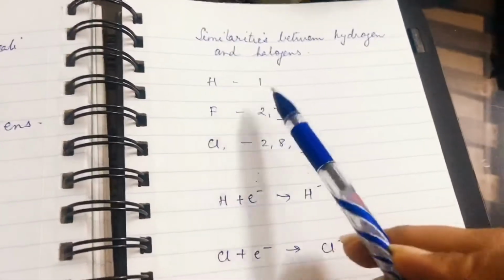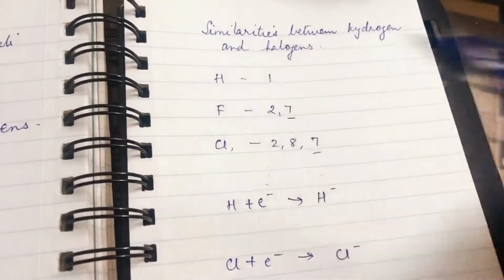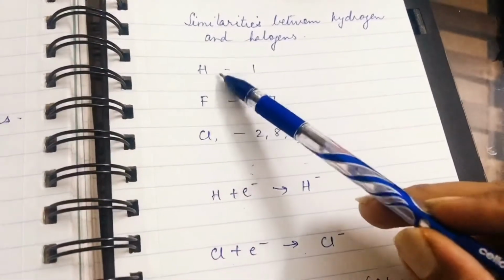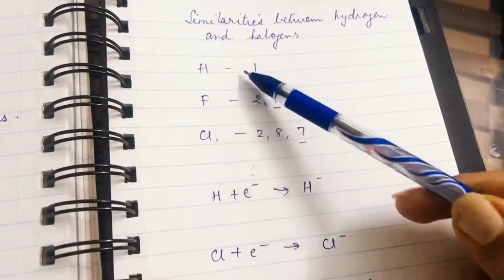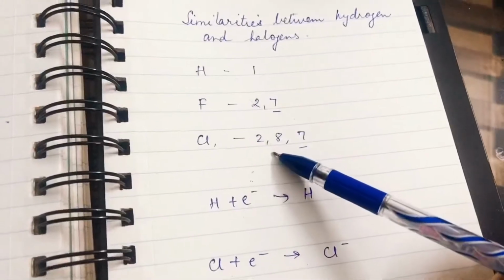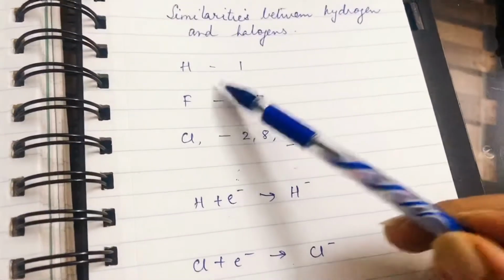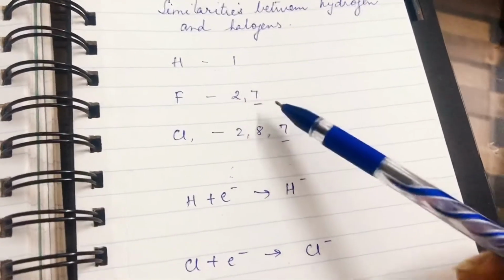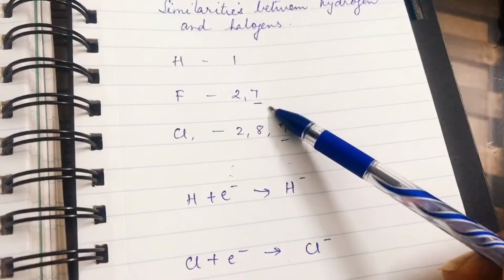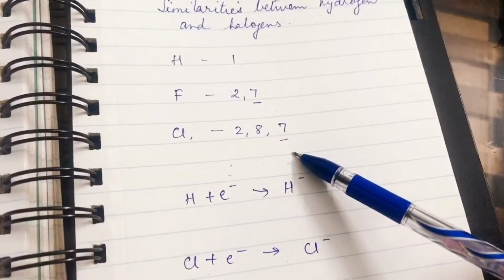Now we will study what the similarities of hydrogen with halogens are. Here I have written the electronic configuration of hydrogen, fluorine and chlorine. Hydrogen has one electron in its outermost shell, which I am showing here. For fluorine, I have done the electronic configuration, and the valence electrons are 7 here, and chlorine also has 7.